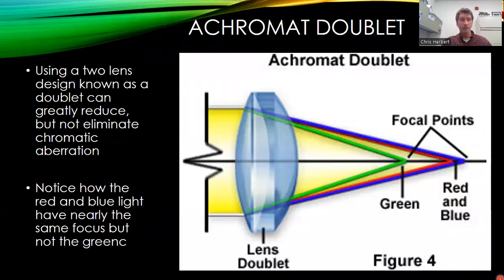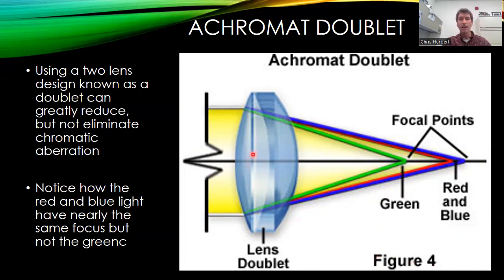Now, again, we need to come up with a solution of correcting for this. And one of the ways to do this is to use multiple lenses. And there's something called an Apochromat, A meaning lack of, chromat talking about chromatic aberration. We use two lenses in what's called a doublet.